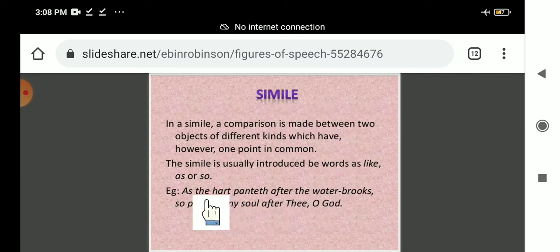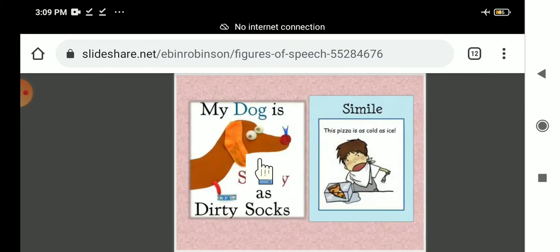For example, "As the heart panteth after the water brooks, so panteth my soul after thee, O God." Which figure of speech are you finding here? Simile. Yes or no? As is used here, so is used here. So where words like, as, or so are used, that sentence belongs to simile.